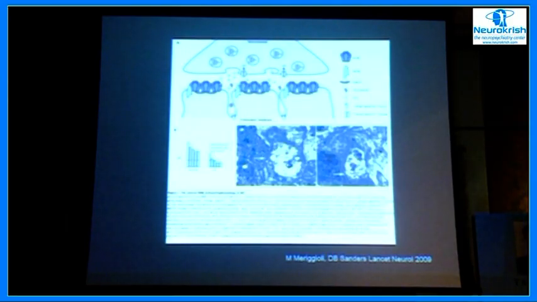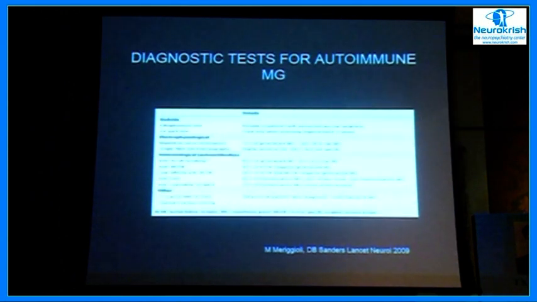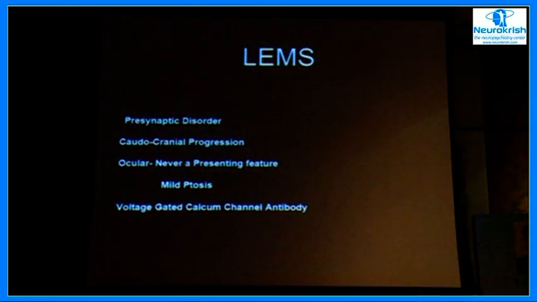This is a cartoon showing the myasthenic neuromuscular junction, which is good for looking at the myasthenic syndromes like early onset, late onset, thymoma with various other antibodies, the MuSK phenotype, the seronegative ones, and the ocular. These are the various tests. Presynaptic, again, we spoke about the caudocranial progression, ocular never getting involved, but voltage-gated calcium channel antibodies.